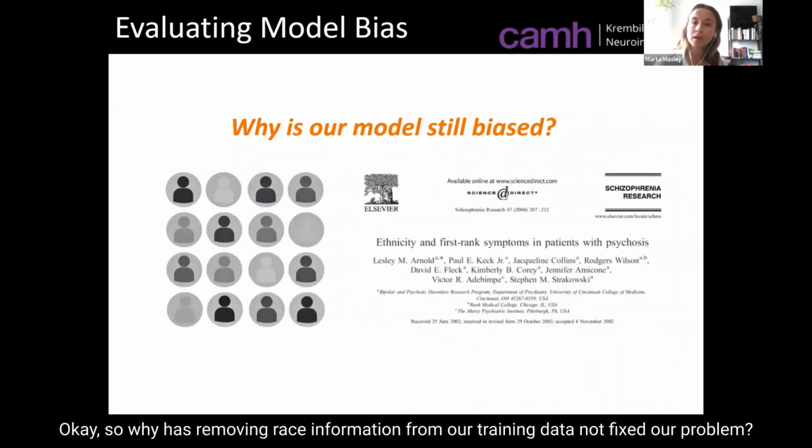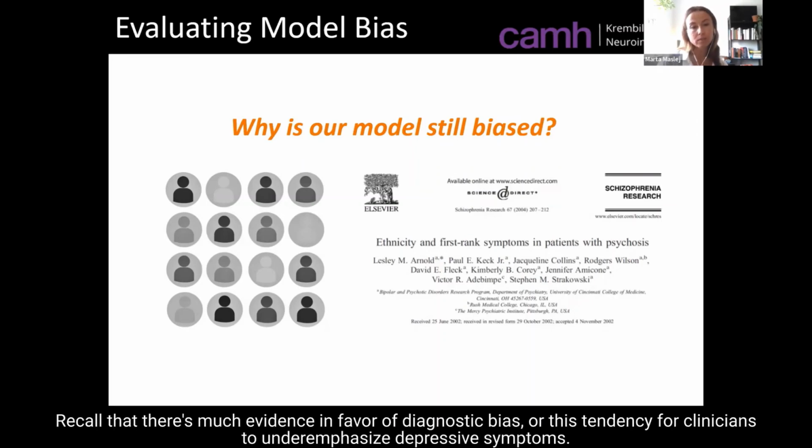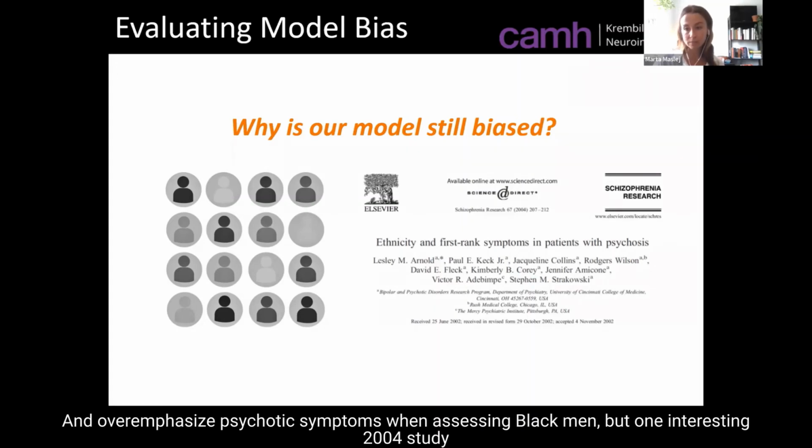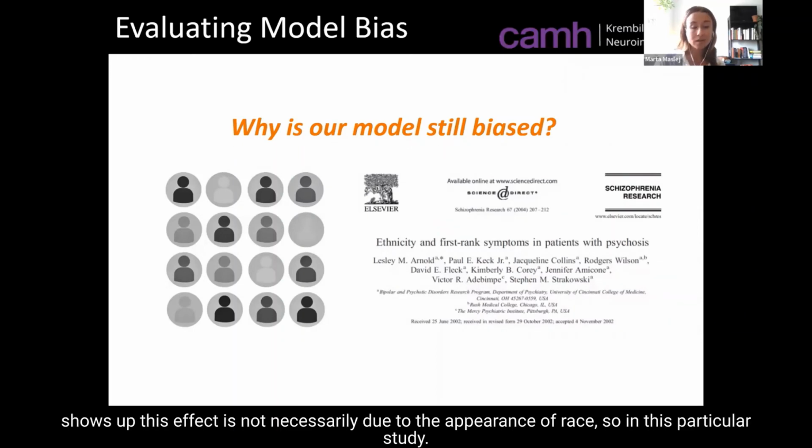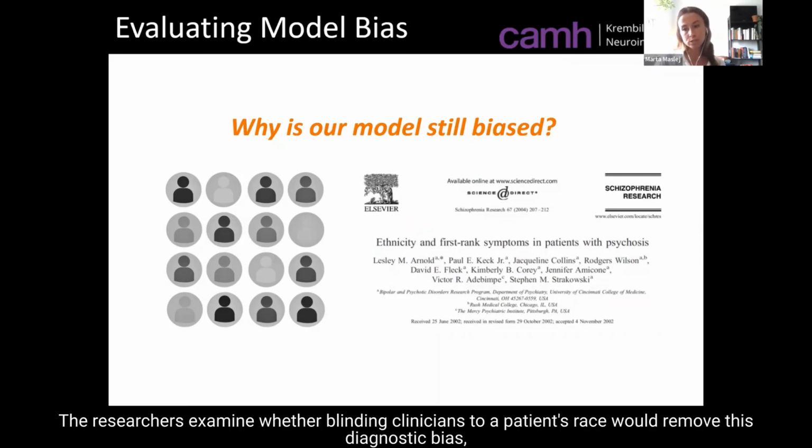Great. Okay, so why has removing race information from our training data not fixed our problem? We'll recall that there's much evidence in favor of diagnostic bias, or this tendency for clinicians to underemphasize depressive symptoms and overemphasize psychotic symptoms when assessing Black men. But one interesting 2004 study shows that this effect is not necessarily due to the appearance of race. So in this particular study, the researchers examined whether blinding clinicians to a patient's race would remove this diagnostic bias.